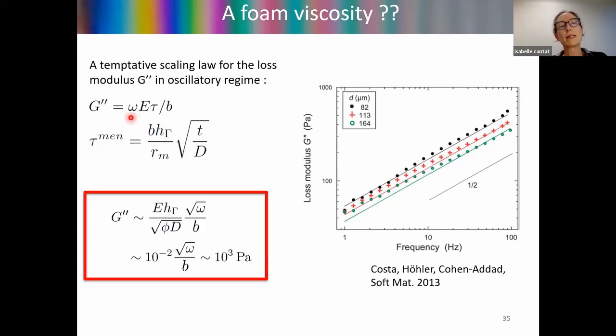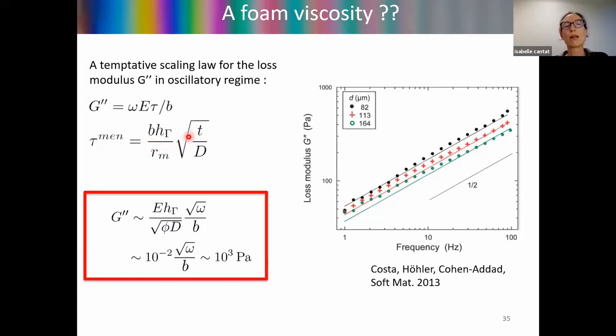It's simply the frequency times the elasticity of our system multiplied by the internal time scale of the system. The elasticity of our Maxwell fluid is the Gibbs modulus divided by the bubble size. We assume that we are dominated by the exchange with the meniscus, with a diffusive time scale in the meniscus.